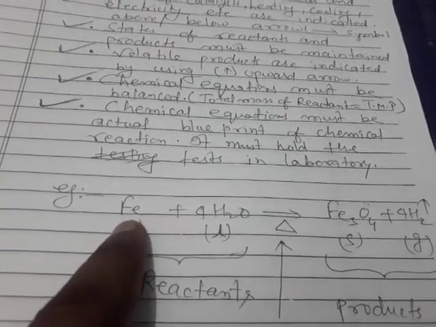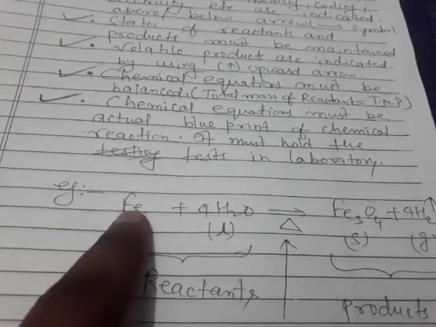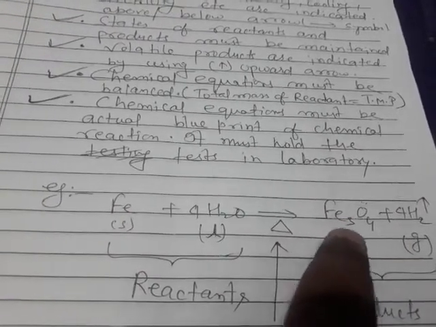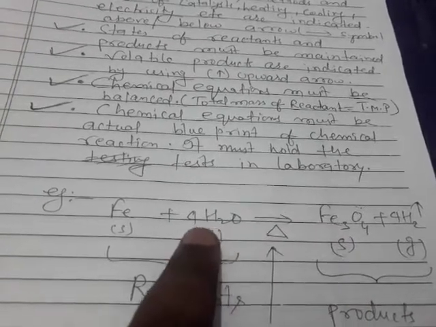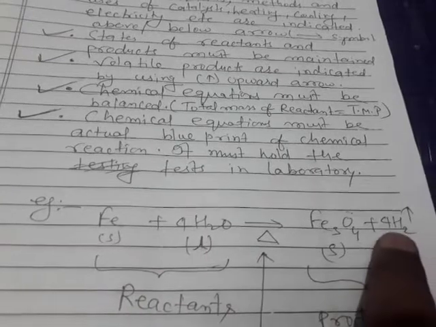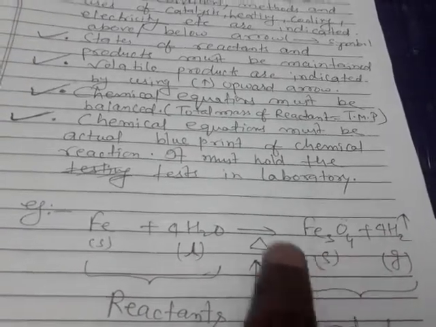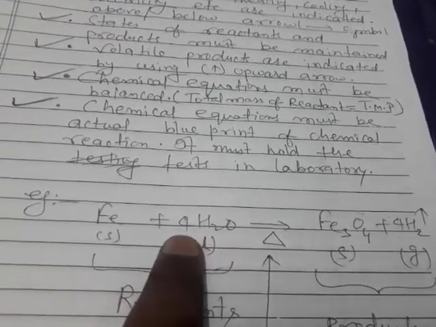Here there will be 3 atoms of iron. Here 3 iron atoms are also present. Now 8 atoms of hydrogen and 8 atoms of hydrogen. 4 atoms of oxygen, 1 into 4, 4 atoms of oxygen.